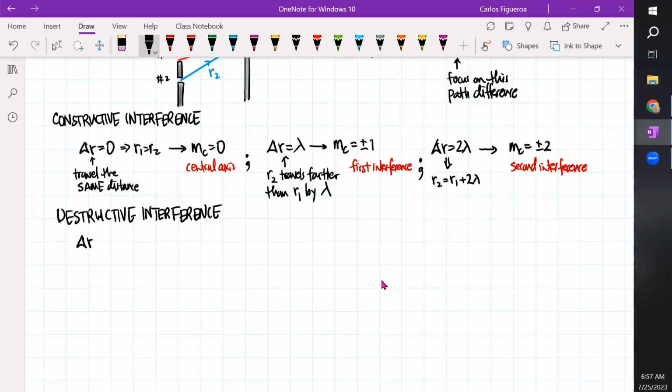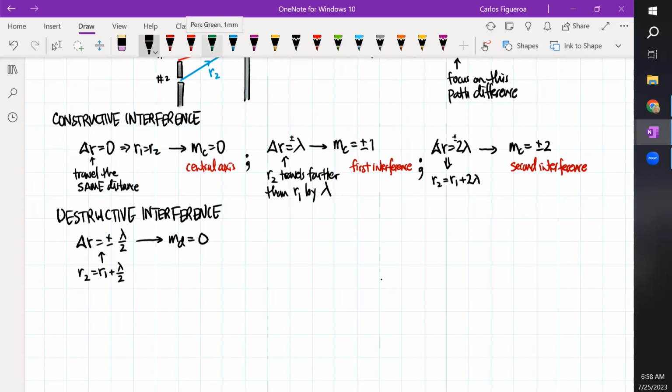By the way, I can also do plus or minus here, which I did not do, but that's what that means. This could be plus or minus half a wave. And then this is what we call MD equal to 0. So that means wave 2 is longer by half a wave.